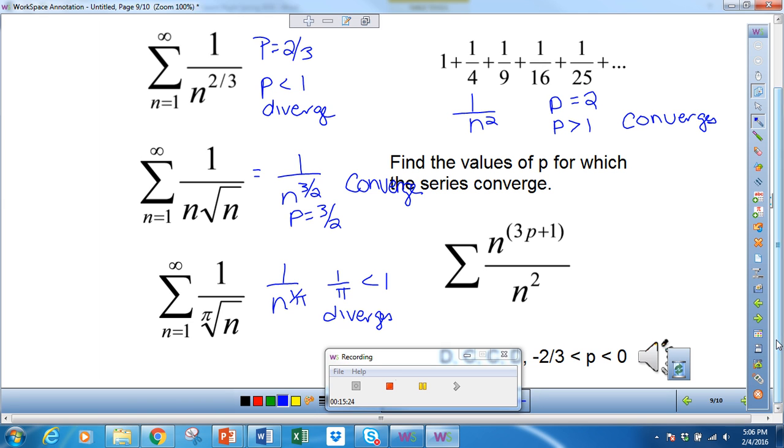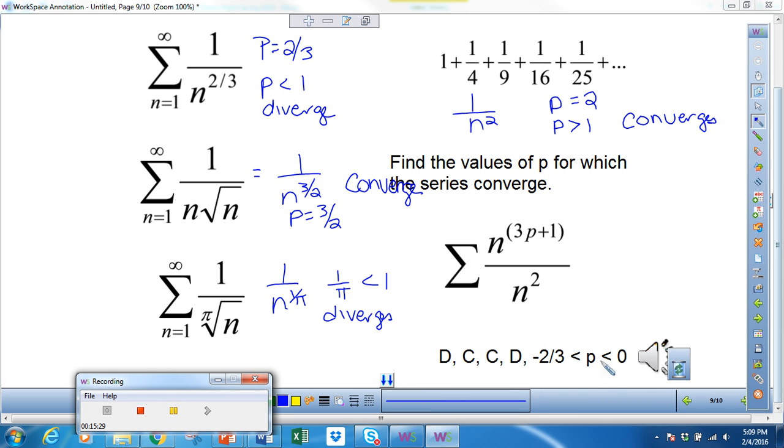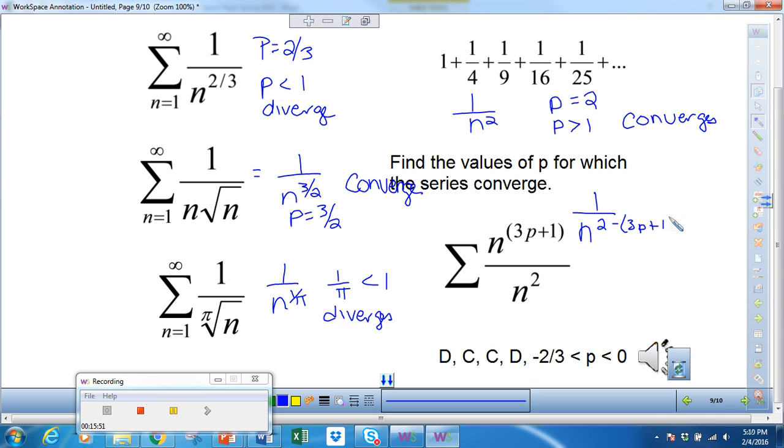Our last situation, it wants to know for what values of p this will converge. Okay, so we know it converges if this is greater than 1. So what we'd have to do is rewrite this as 1 over n to the 2 minus (3p plus 1). So this is 1 over n to the 2 minus 3p minus 1, or 1 over n to the (negative 3p plus 1).